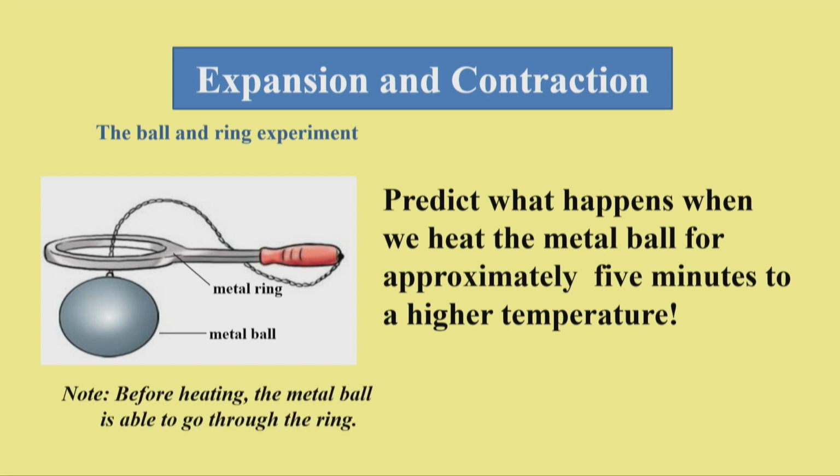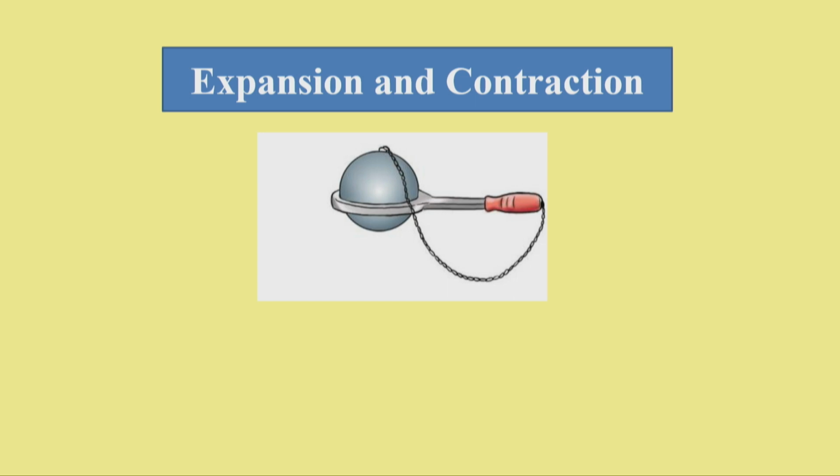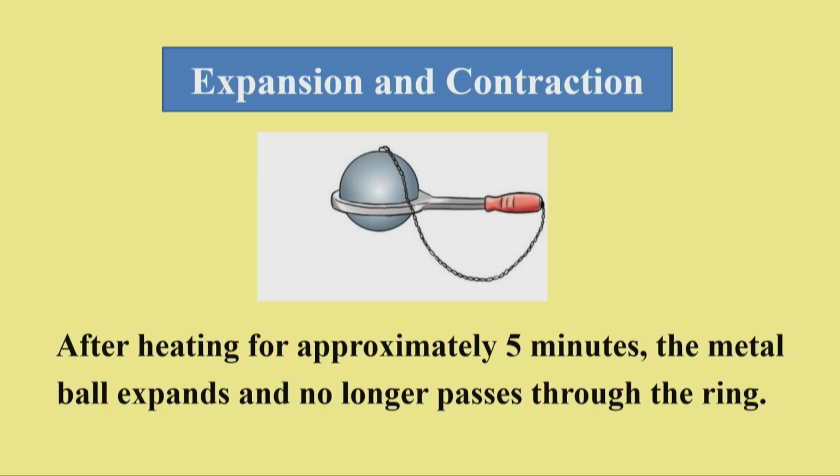Note that before heating, the metal ball is able to go through the ring. After heating for approximately 5 minutes, the metal ball expands and no longer passes through the ring.